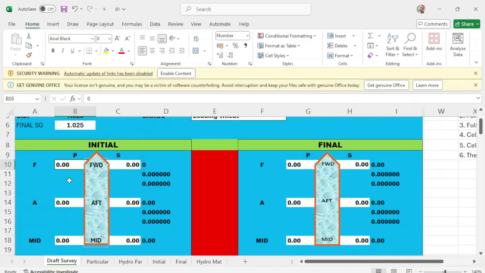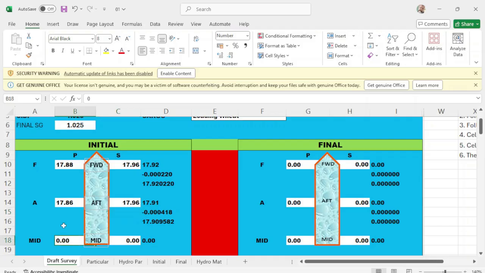So forward is 1788, 17.88, and starboard is 1796, 17.96, and aft port is 1786, 17.86, and aft starboard 17.96.